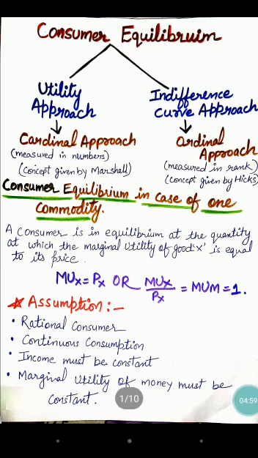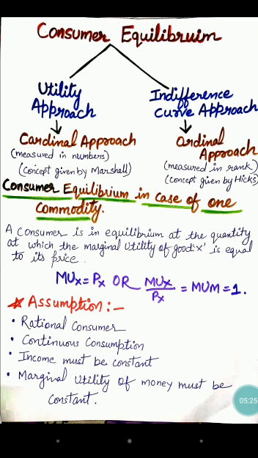Now look at the definition. A consumer is in equilibrium at the quantity at which the marginal utility of good X, MUX, is equal to its price PX, the formula we have written. So this is the condition in case of one commodity.